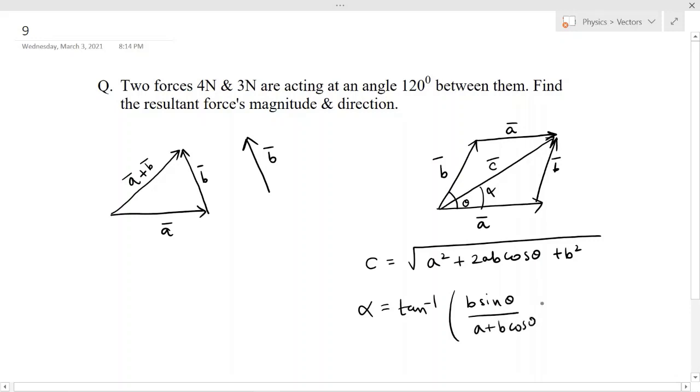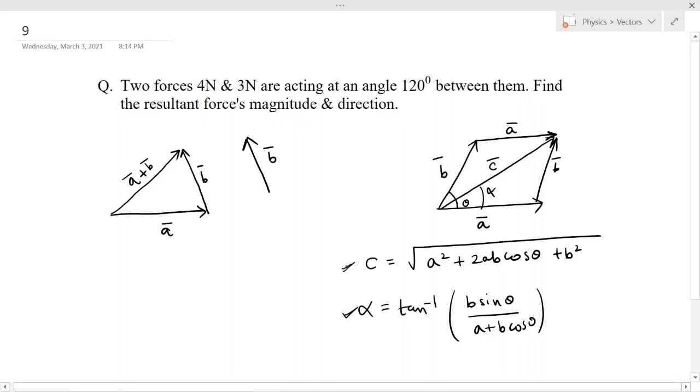So a and b in these two are magnitudes of the vectors a bar and b bar. I am not deriving this in this session, that is the magnitude of this resultant vector c and its direction, but I have already shown the derivation in my previous video.